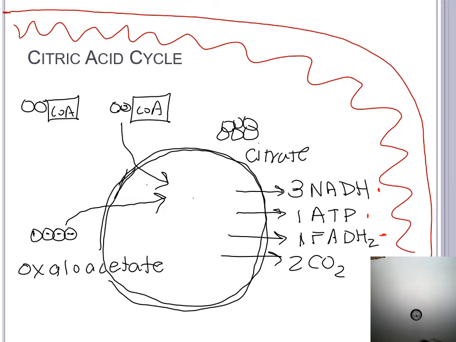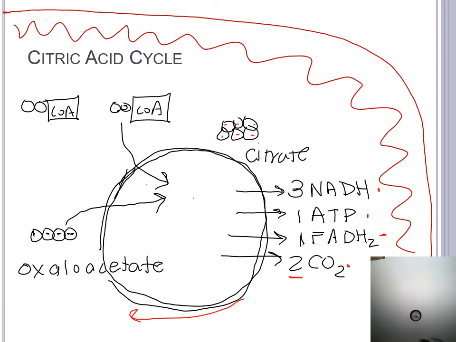We also generate 2 carbon dioxides. If we look back, citrate was 1, 2, 3, 4, 5, 6 carbon molecules big. If you take citrate and move it around and then remove 2 carbons, 6 minus 2 equals 4, you're right back to oxaloacetate, and the process repeats again.